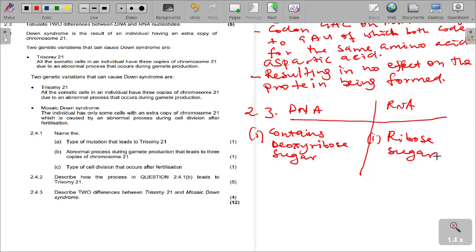The sugar in DNA and RNA is different. DNA has deoxyribose sugar, and RNA has ribose sugar. That is one difference there.